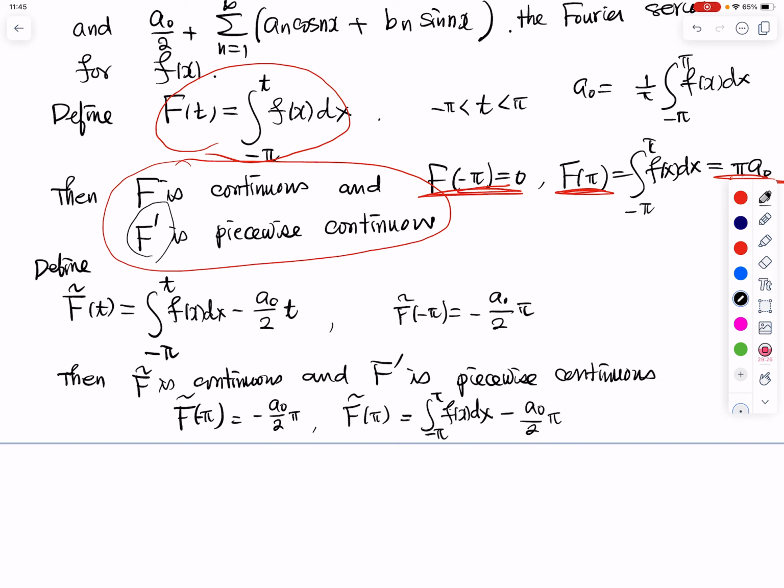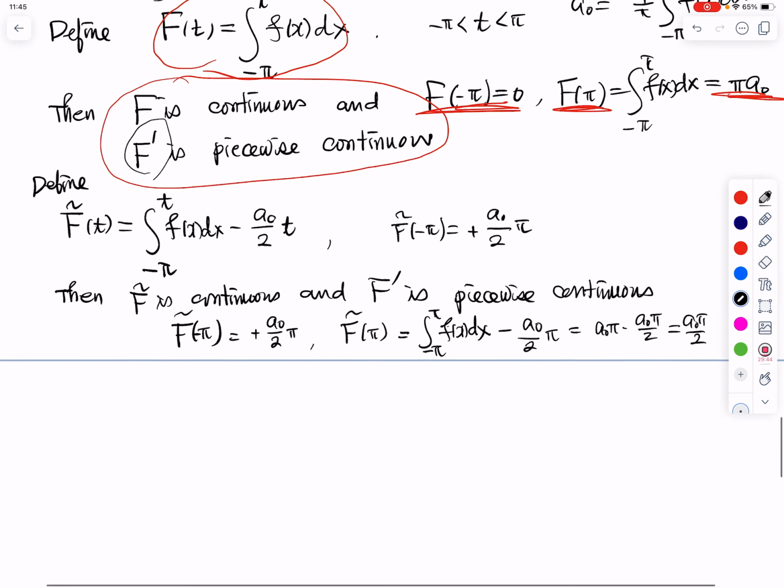Minus pi, you get plus. So the first part is a0 pi minus a0 pi divided by 2. That would be a0 pi over 2. They are the same.